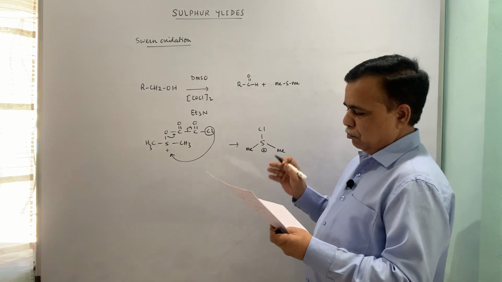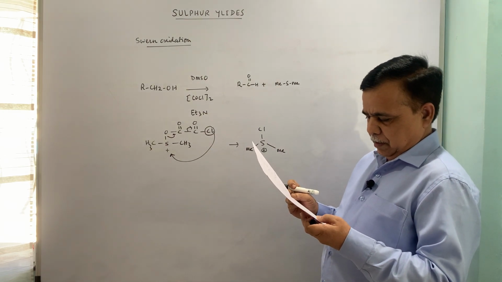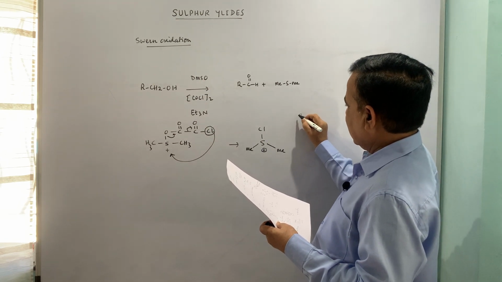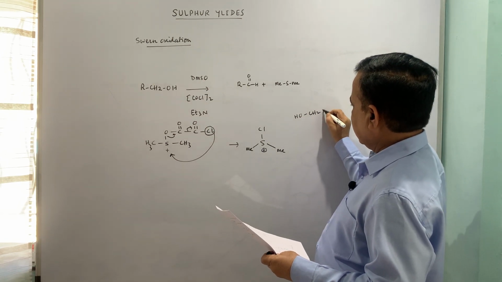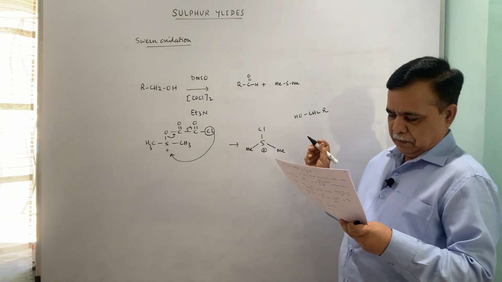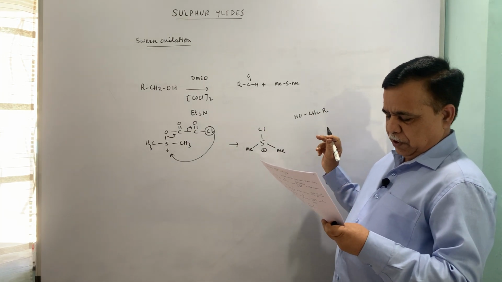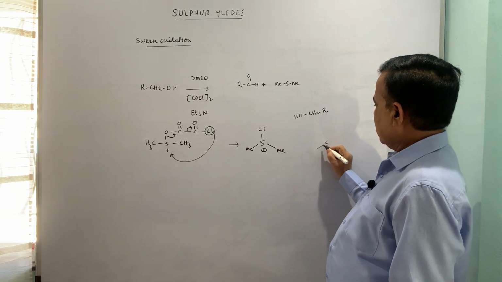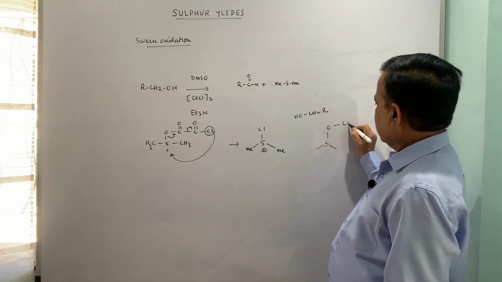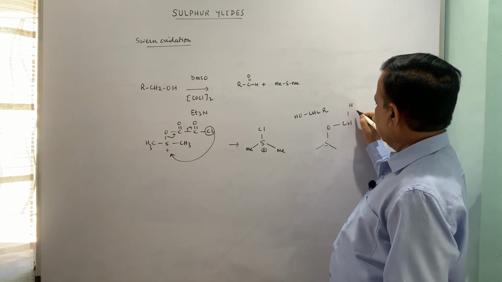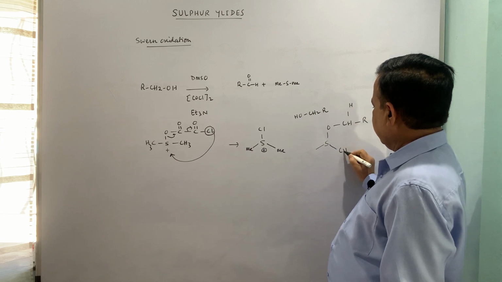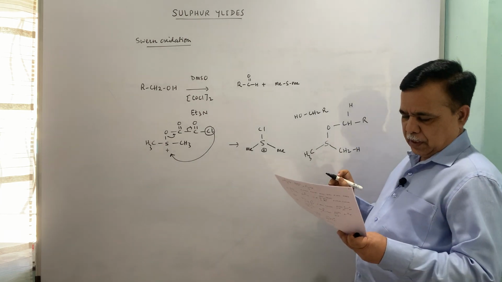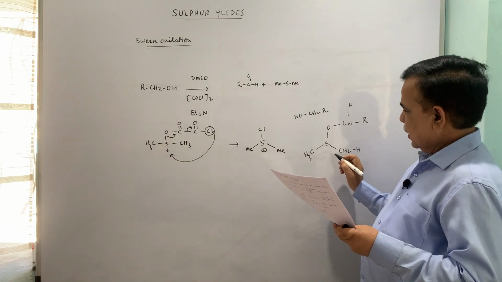Of course the counter ion would be there, and then this is reacting with alcohol. So let me put the alcohol like this, and with this what you will get is the Cl is replaced by oxygen, CH2R, and here CH3, and of course S will be plus.